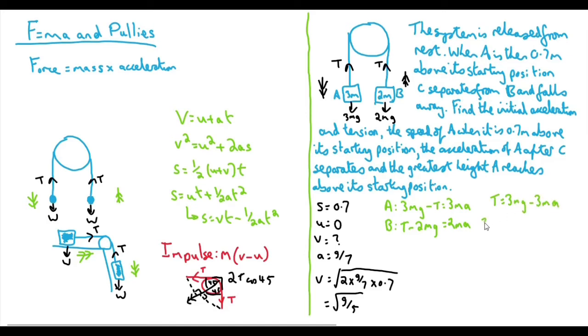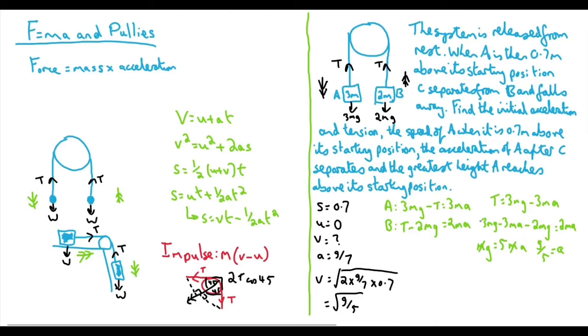So 3mg minus 3ma minus 2mg equals 2ma. Bringing the like terms together, 3mg minus 2mg is just a singular mg. Add the 3ma on the other side to give you equal 5ma. The m's cancel, and you're left with the acceleration just being g over 5.